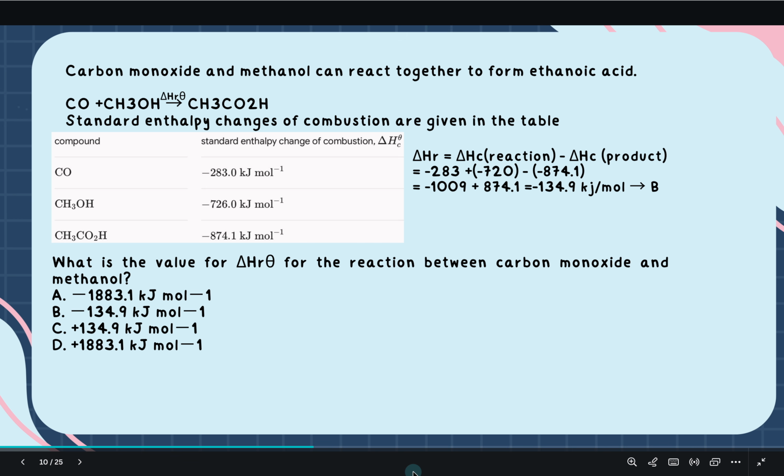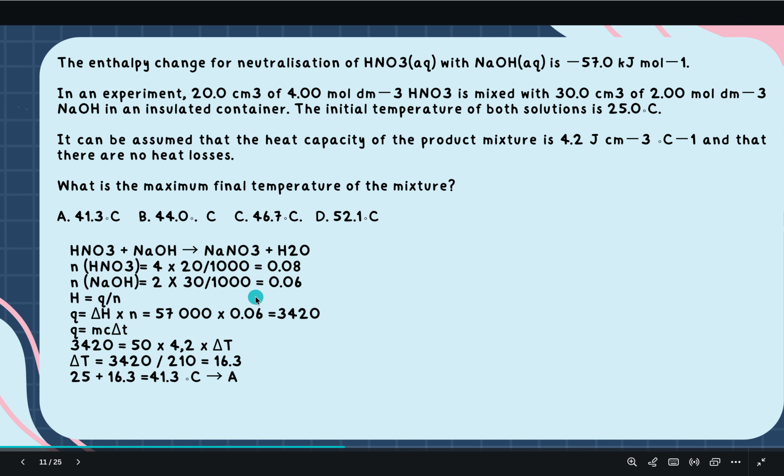Ta-da! Next question. The enthalpy change for neutralization of HNO3 with NaOH is minus 57 kJ per mole. In an experiment, 20 milliliters of 4 mol dm^-3 HNO3 is mixed with 20 milliliters of 2 mol dm^-3 NaOH in an insulated container.